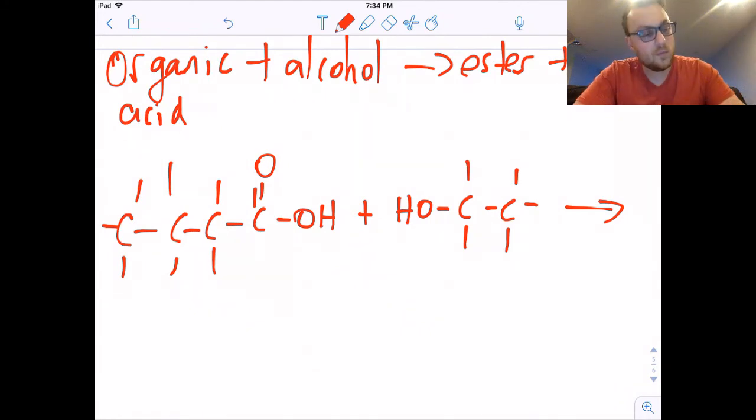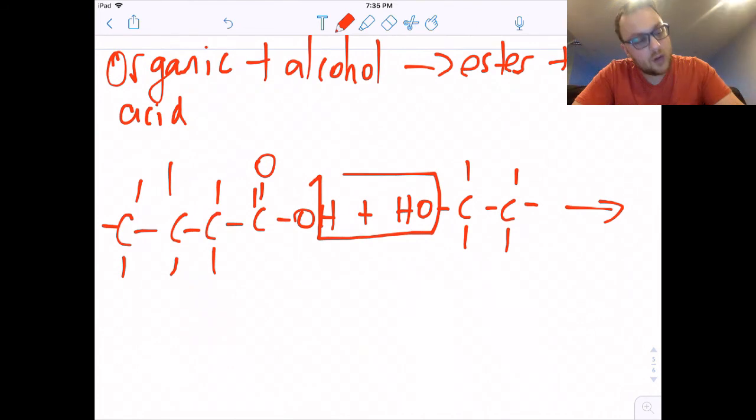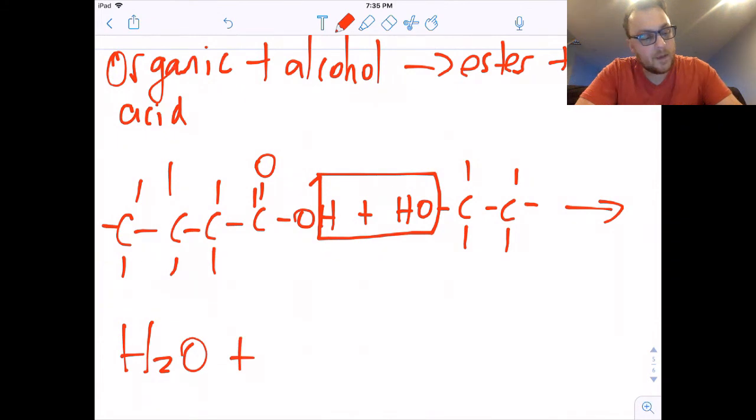These right here are going to form your water molecule. So that within the box makes your water. And then this oxygen is now lonely, and this carbon is now lonely. And the carbon's going to come in and attach itself to the oxygen. And when you do that, your product is going to end up looking like this.